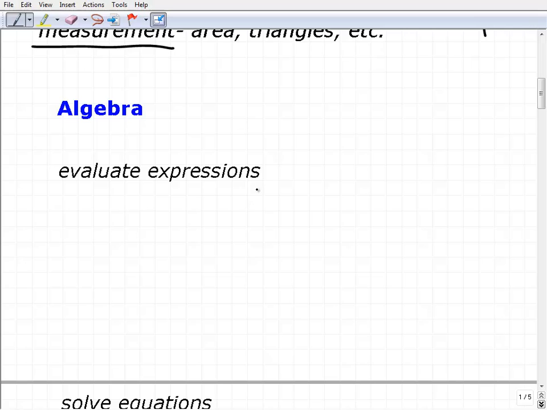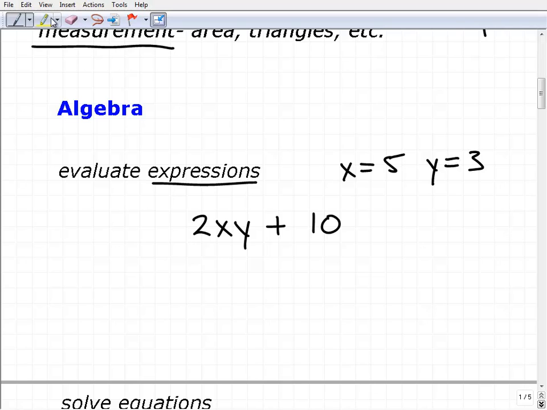So another thing you're going to be expected to do is evaluate expressions. So let me give you an example. Let's say I had 2xy plus 10. Okay, so that's just what we call an expression in algebra. It has some variables, has some numbers, etc. And if I said evaluate this thing for x equals 5 and y equals 3, what I would be asking you to do is to plug these numbers in.